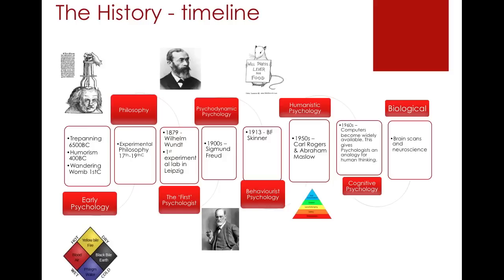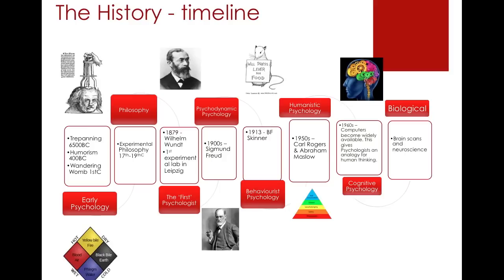Again, further criticisms of even psychodynamic and behaviourists and maybe even humanistic came from cognitive psychologists, who said that actually none of this has taken into account the thinking that goes on, what's actually going on in the brain in terms of thinking processes. And so cognitive psychology focuses very much on the processes that go on in the brain.